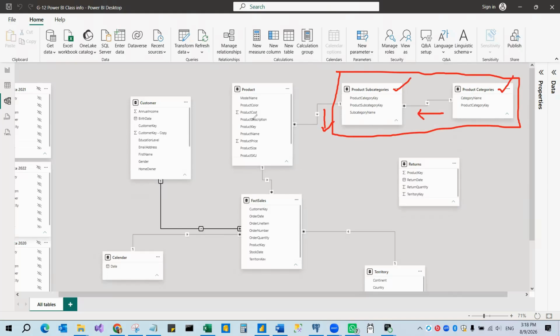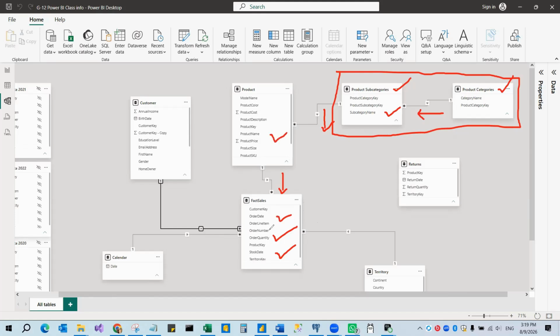So if I want to see category-wise some order, I can see that. If I want to see subcategory-wise some order or sale or how much profit, everything from here we can see that. And also this is a product table, so product-wise also we can see that.